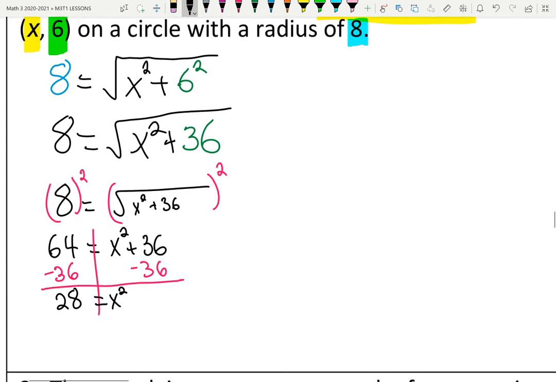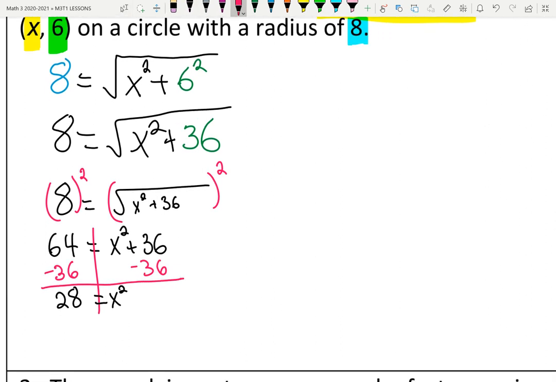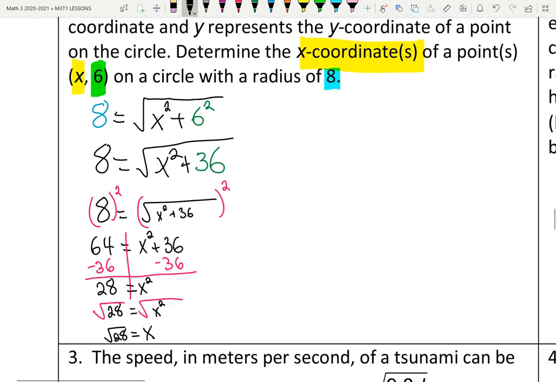To get x squared by itself, I need to now take the square root of both sides. And this is going to result in the square root of 28 equals x. So, determine the x-coordinate of the point. The x-coordinate of this point is equal to the square root of 28.